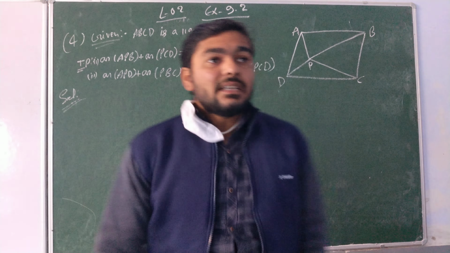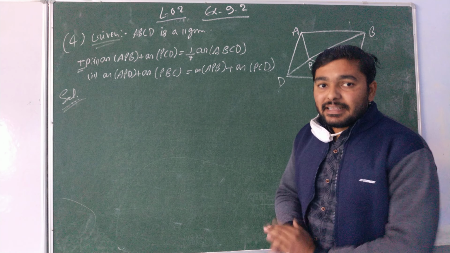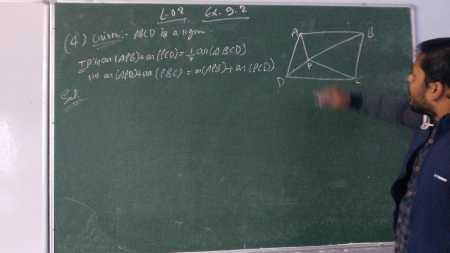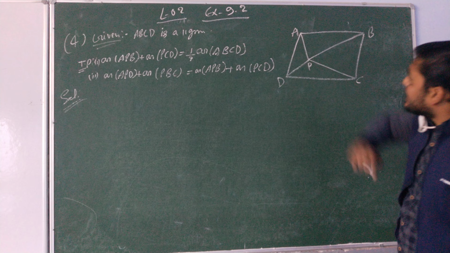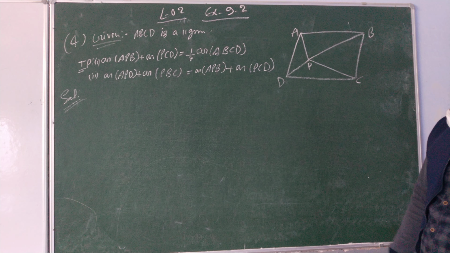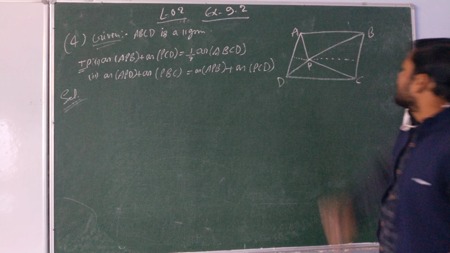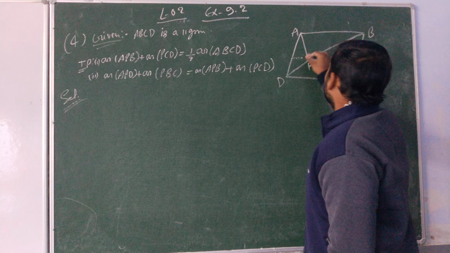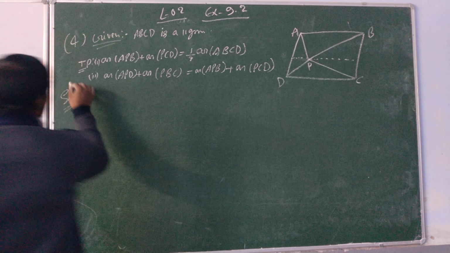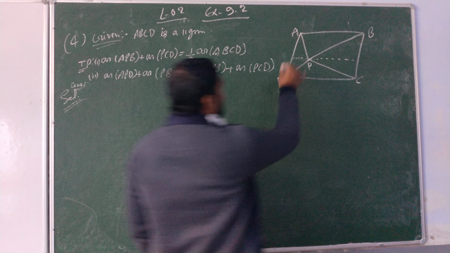This condition is only valid where the triangle and parallelogram lie on the same base and between the same parallel lines. Here they are not between the same parallel lines. So by construction we draw a parallel line through point P, and label the points A, B, C, D, E, F.